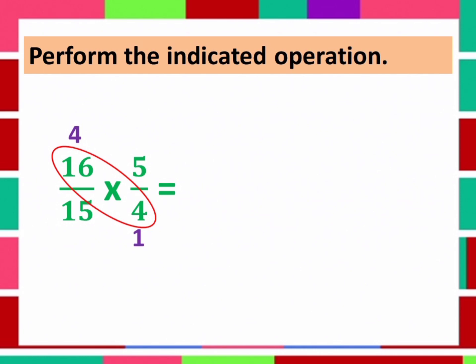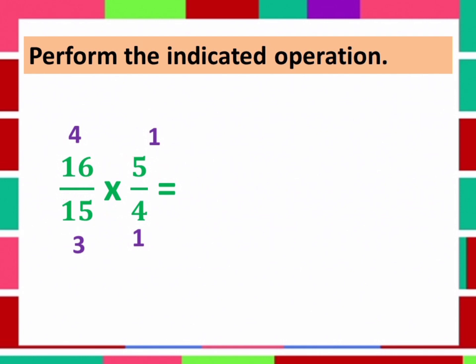The same with 15 and 5. They have a common factor which is 5. So we can cancel them out. So 5 will become 1 because 5 divided by 5 is equal to 1. And 15 will become 3 because 15 divided by 5 is equal to 3.